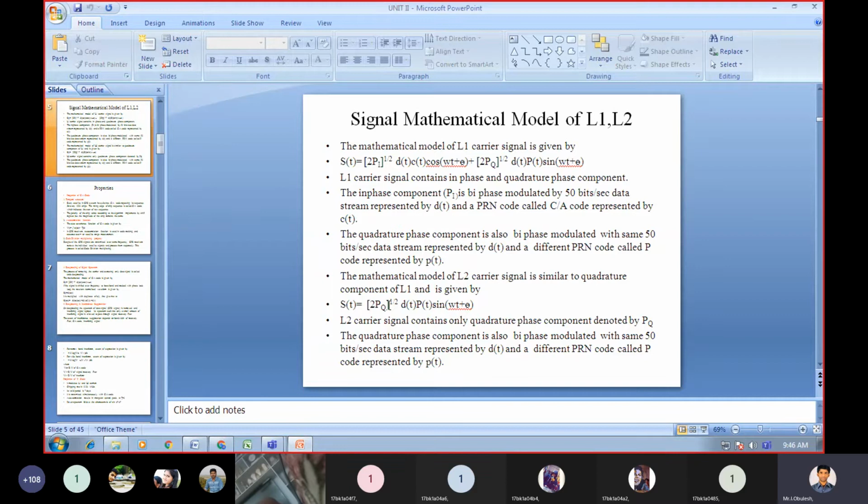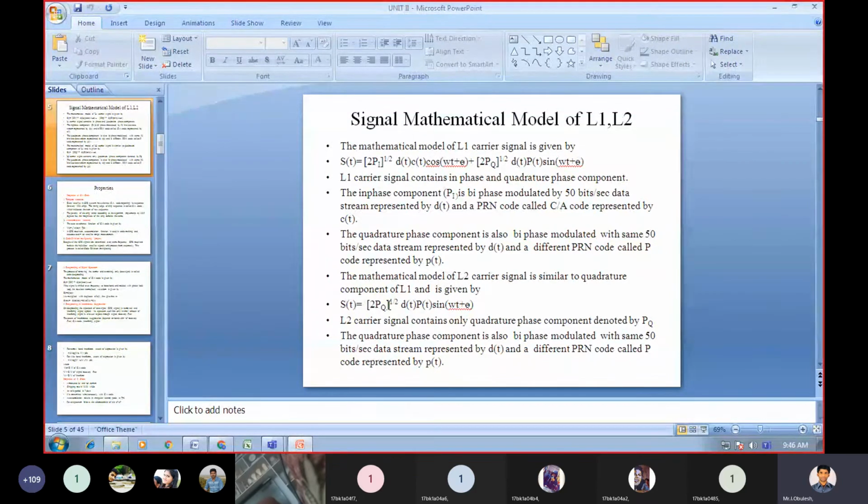The L1 carrier signal is modulated with the help of two pseudo random noise code signals, so because of that we get the sum of C/A code and P code.